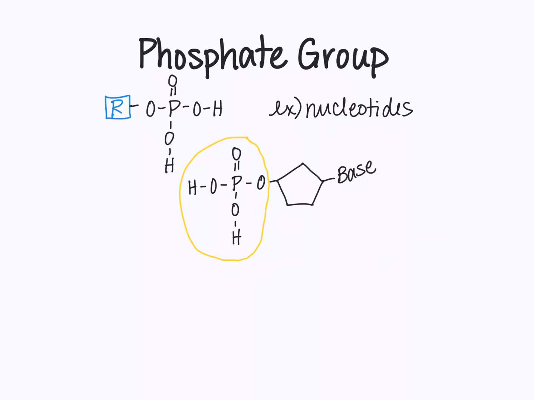So we'll talk a little bit more about the overall structure of a nucleotide in a different video, but just know that the nucleotides have a phosphate group attached to them.